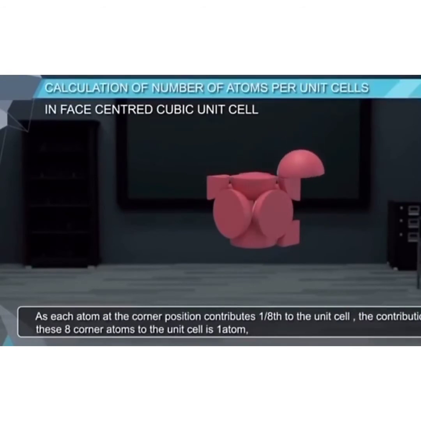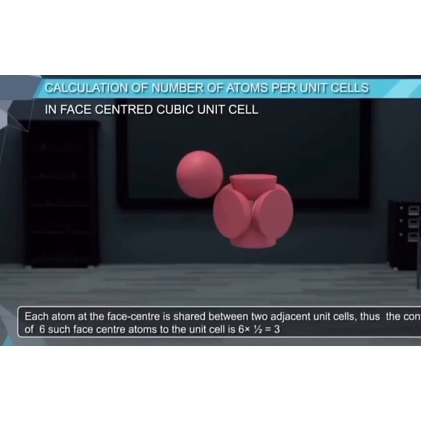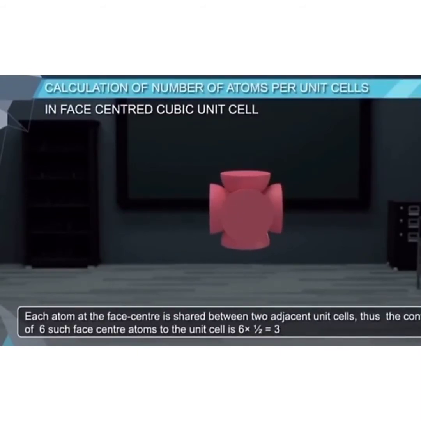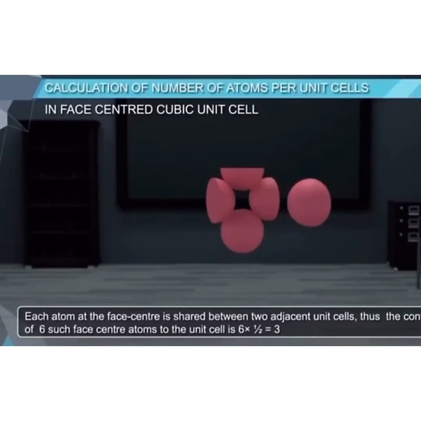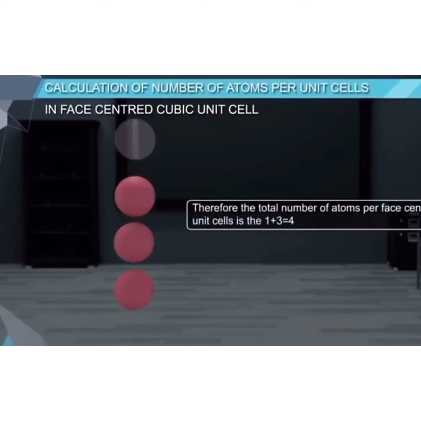Hence, there are 8 corner atoms which contribute 1/8th atom, so 8 into 1/8 is equal to 1 atom. Each atom present in the face is shared between 2 adjacent unit cells. Since there are 6 face center atoms, 6 into 1/2 gives 3 atoms. Therefore, the total number of atoms per face centered cubic unit cell is 4 atoms.